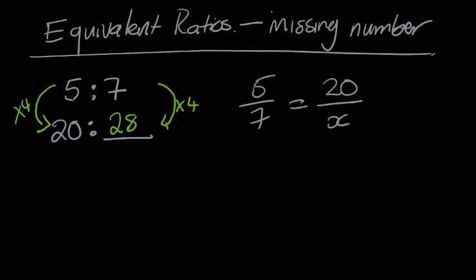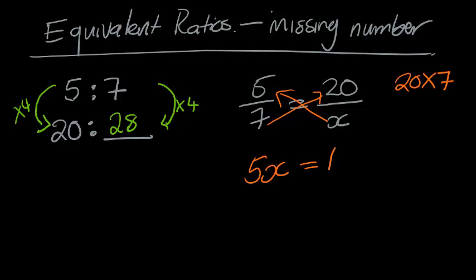Another way of doing this is to write the ratio as a fraction. So I would write 5:7 as 5/7 as one fraction, equal to 20/x. Now my next step is I'm going to cross multiply. So I am going to end up with 5x on the left hand side, equal to 20 times 7. That's going to be 140.